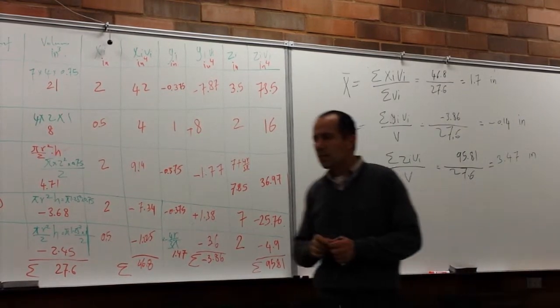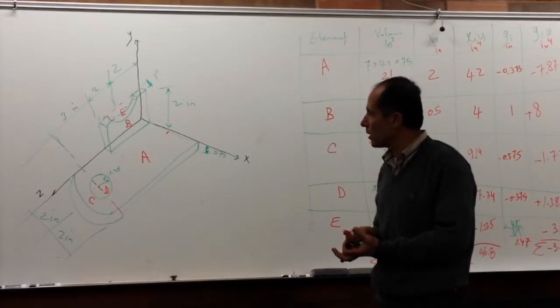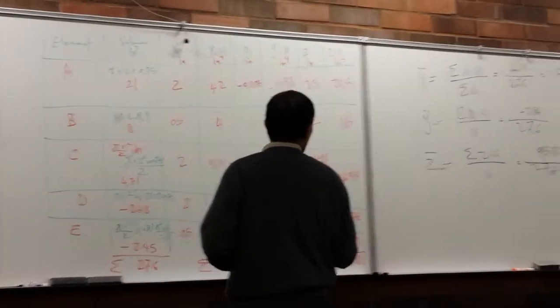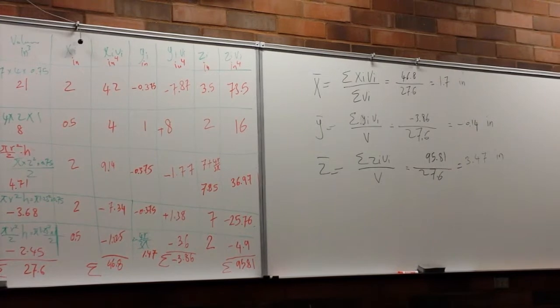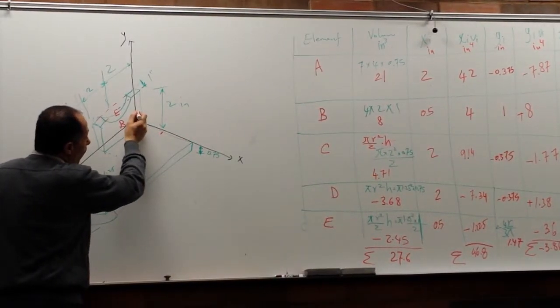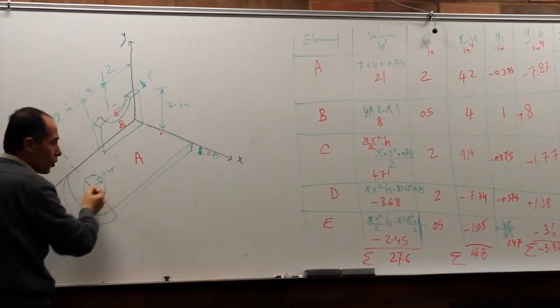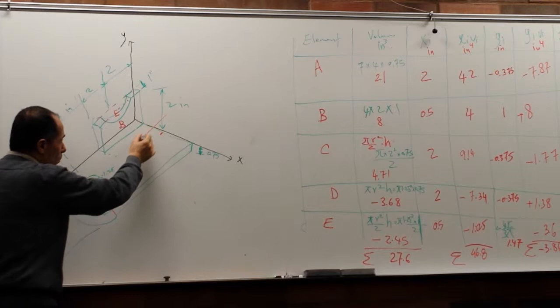So let's put the centroids on their location. On x, I have 1.7. So on x, from here to here, I need to come with 1.7. This line here is the 2, correct? 1.7 is somewhere in here.